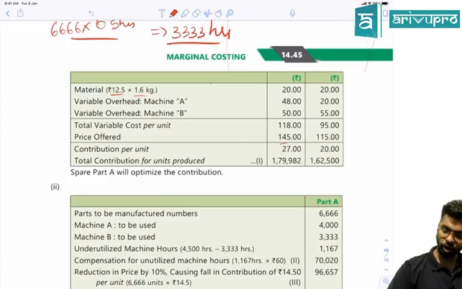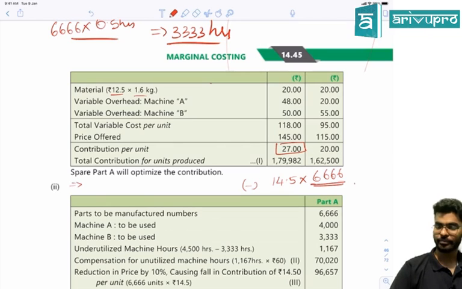You are losing out a contribution of 14.5 into 6666 units. Correct? How much did you lose? 14.5 into 6666. Guys, did you understand this? You are losing 14.5 because of the loss in the selling price. So you're losing 14.5 into 6666. That comes to what?